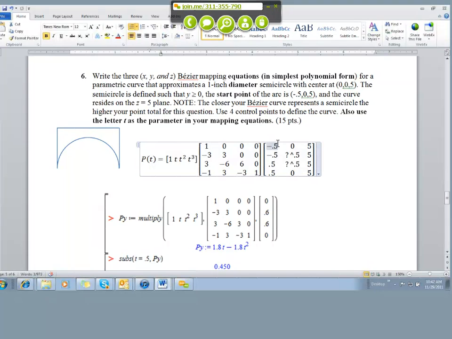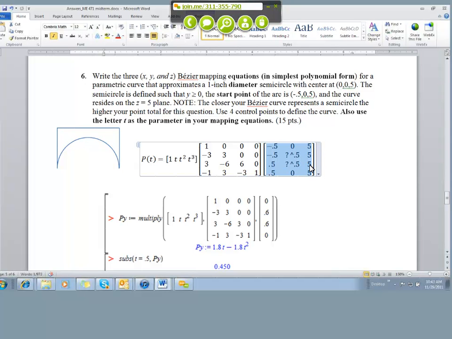And then what I was hoping is that you would fill in the points that you knew. And so the first point that you would fill in is the beginning of the arc, which is minus 0.5, 0, and 5, and fill in the ending point, which is 0.5, 0, and 5, and then put in everything else that you knew.